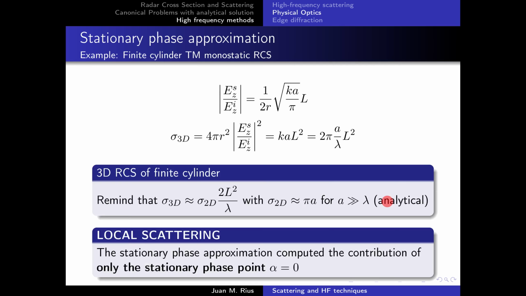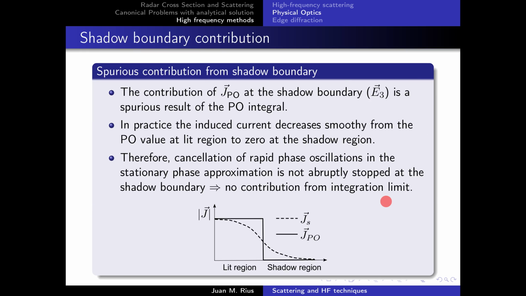Okay, so you can see the idea in this slide. This allows this smooth transition of the actual current between the illuminated region and the shadow region. This smooth transition allows the cancellation of positive and negative phase cycles.